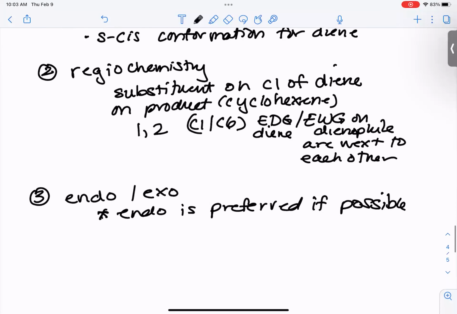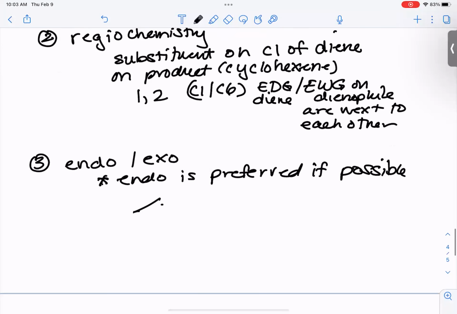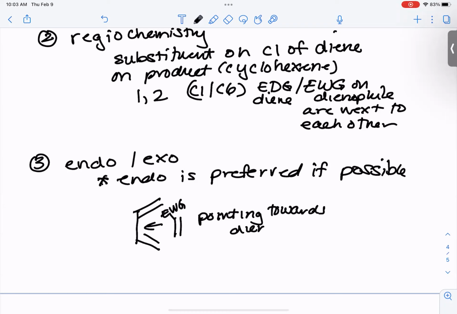With that endo and exo, if this is your diene, the electron withdrawing group on the dienophile pointing towards the diene, that's your endo.